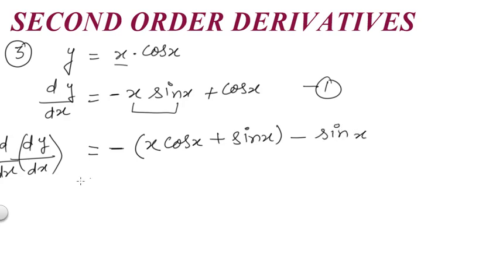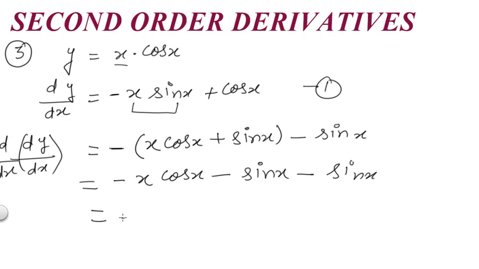Now simplifying the equation further, we have minus x cos x, minus sin x and minus sin x. So we have the answer as minus x cos x minus 2 sin x. We can add minus sin x and minus sin x. So this is how you are going to solve question number 3.